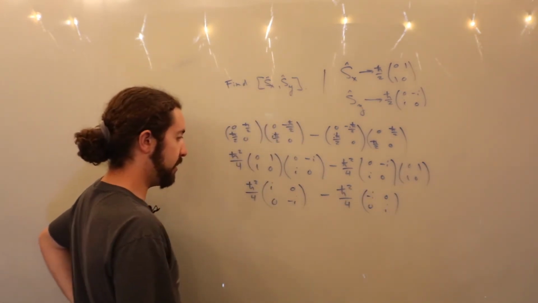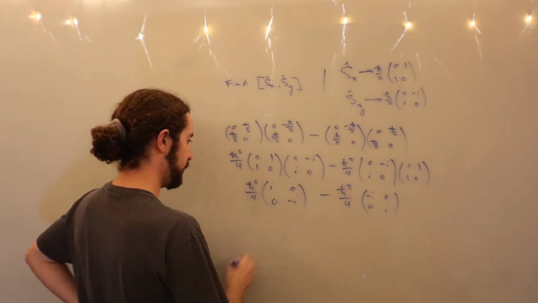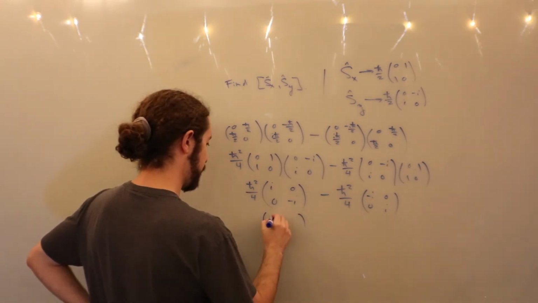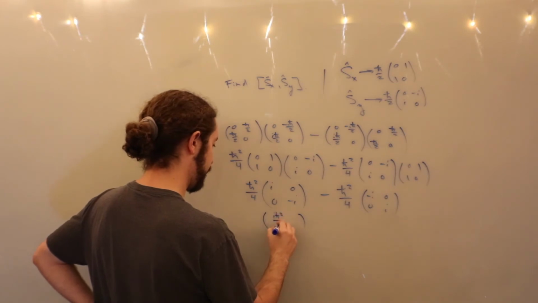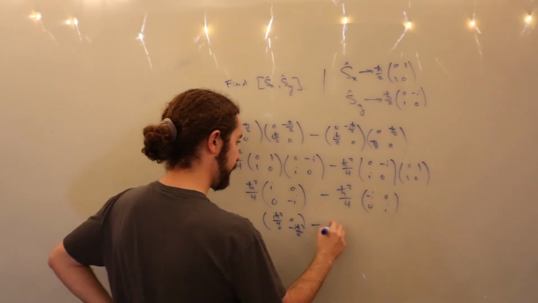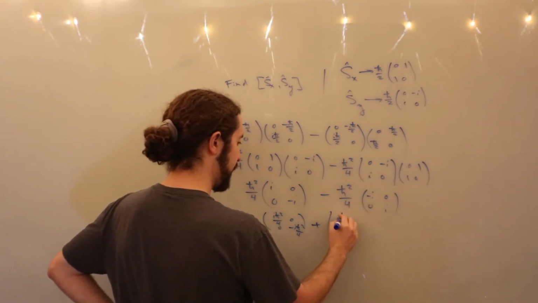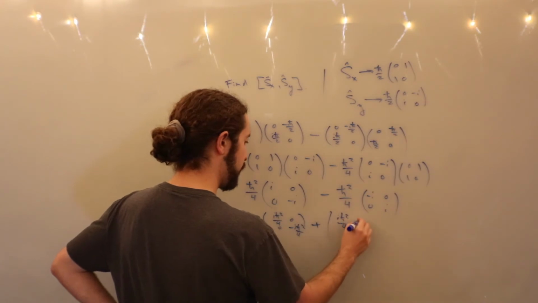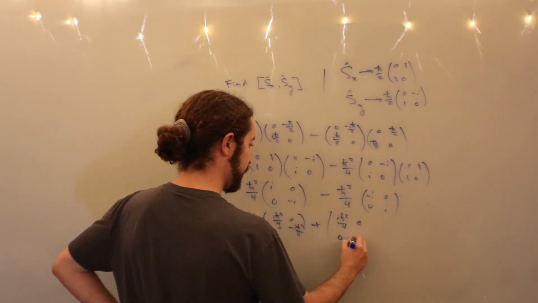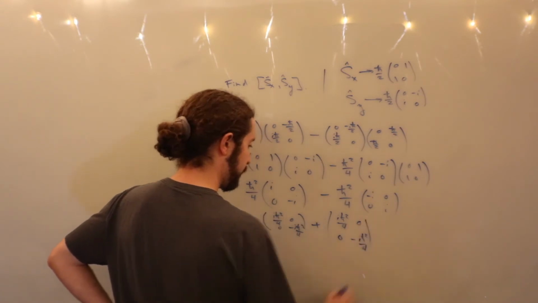Alright, and now we're going to have iħ²/4, 0, 0, negative iħ²/4, plus, negatives cancel out, it's going to be iħ²/4, 0, 0, negative iħ²/4.